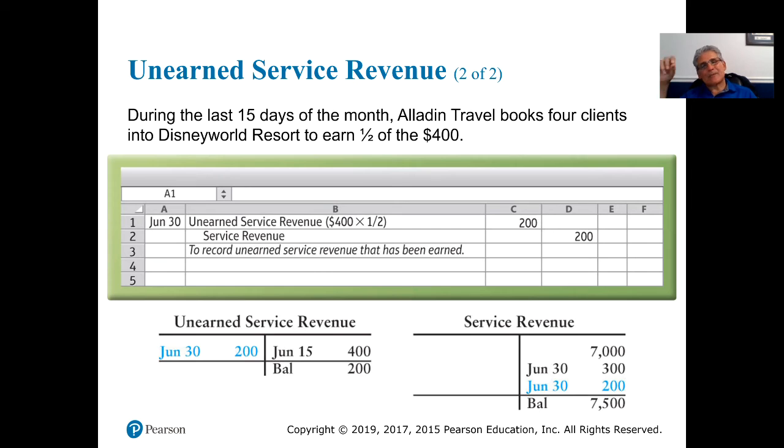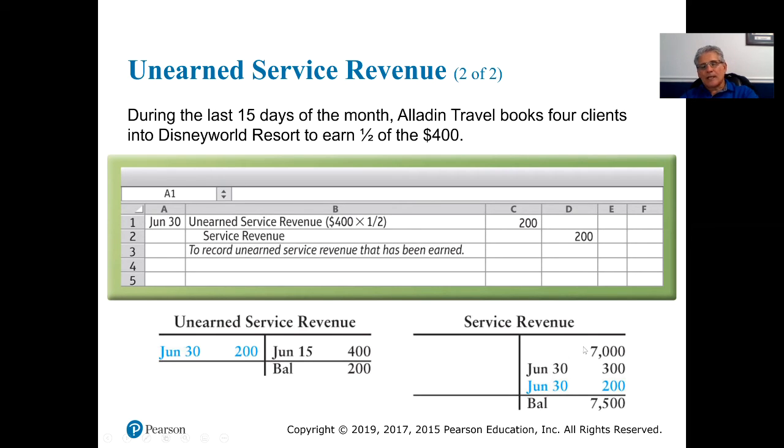So at the end of the month, we have to now record a journal entry to adjust unearned service revenue and recognize the revenue. The debit is going to be to unearned service revenue. That's going to be the debit on June 30th for $200. And the credit's going to go to service revenue, June 30th, $200.